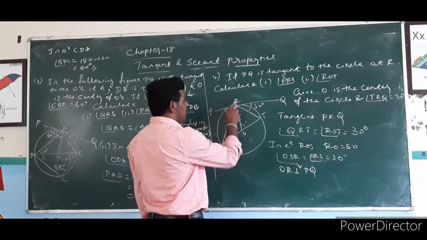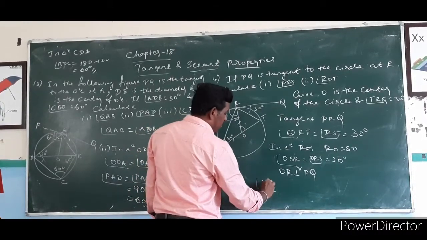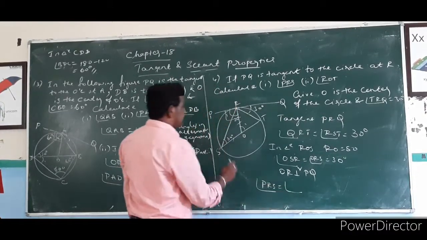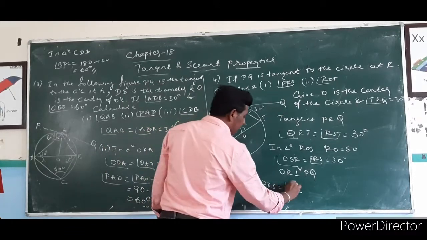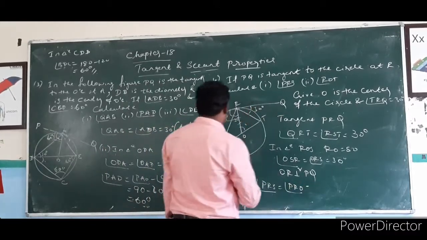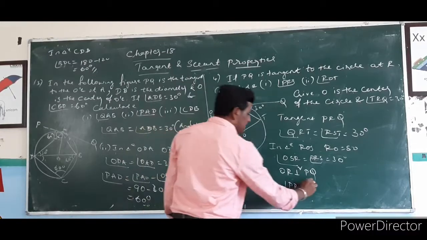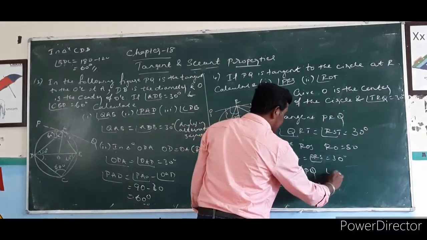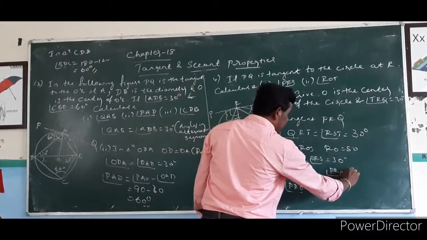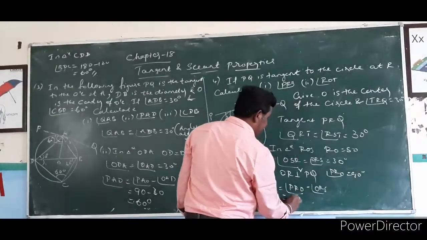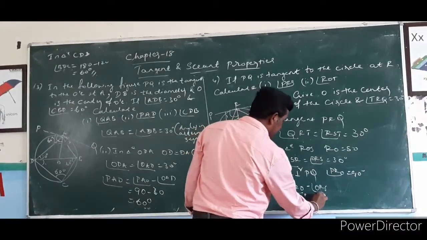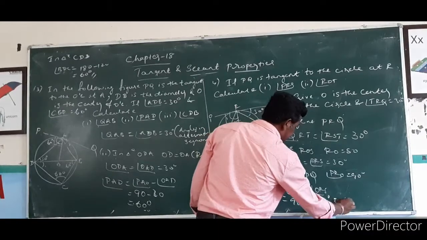What we have to find out? PRS. PRS is equal to, you can subtract, PRO minus ORS. Here you will get PRO is equal to 90 degree. 90 degree minus 30 degree, you will get 60 degree.